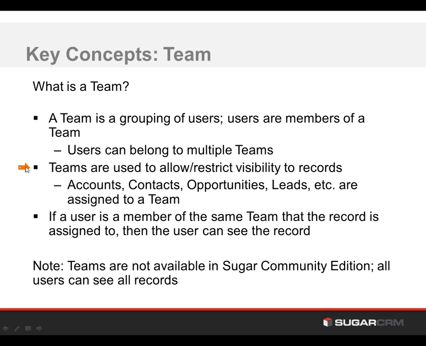Teams are used to allow or restrict visibility to a record. Okay? Almost every record in Sugar, except for I can think of one that isn't, which is the knowledge base article, has a field by default out of the box that's called team.